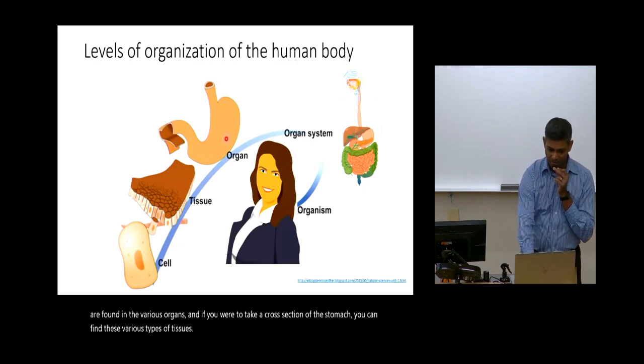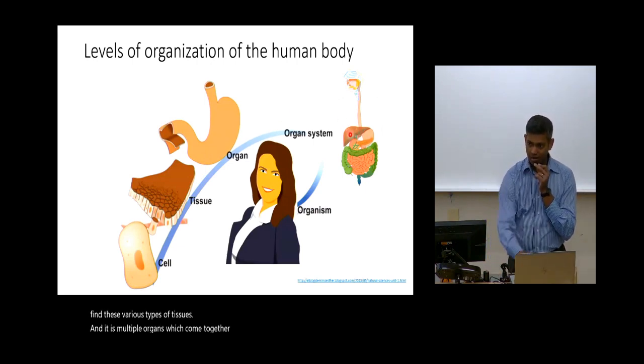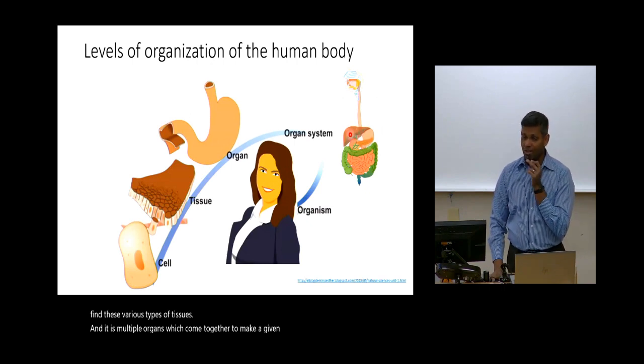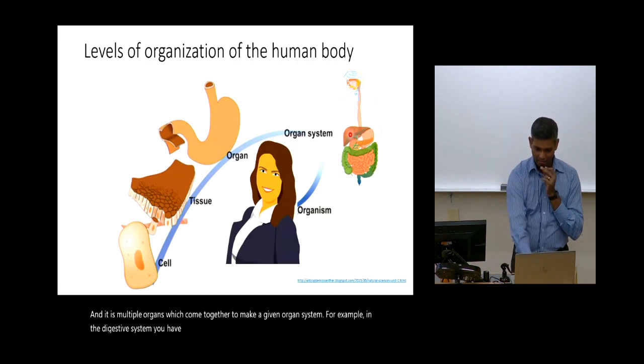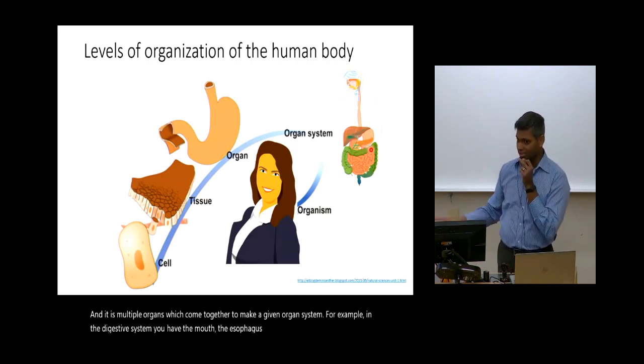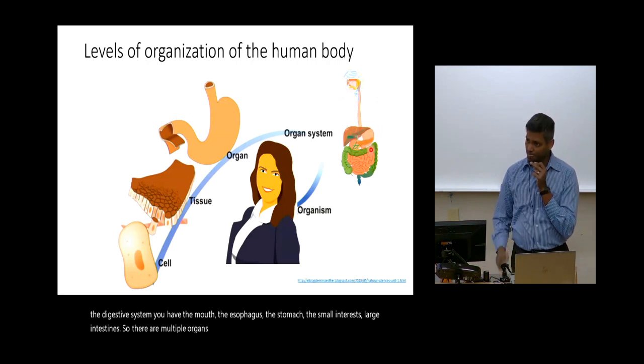And it is multiple organs which come together to make a given organ system. For example, in the digestive system, you have the mouth, the esophagus, the stomach, the small intestines, large intestines.